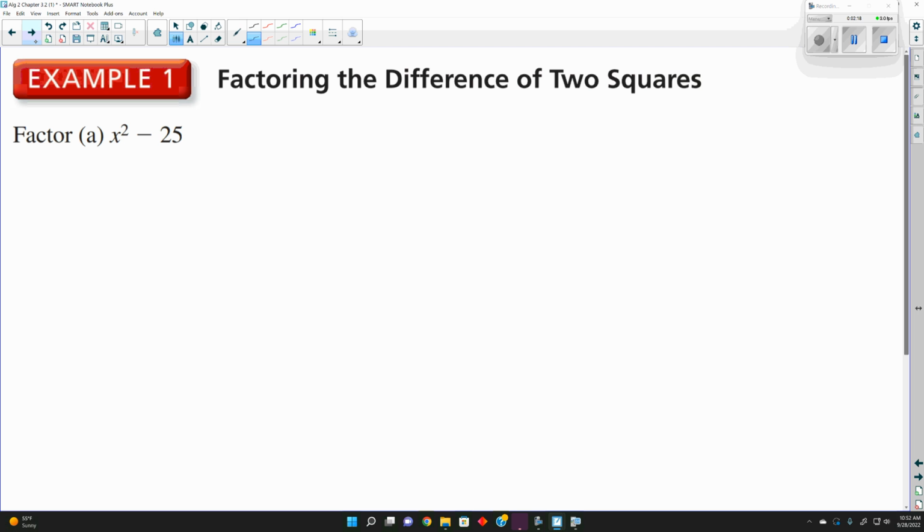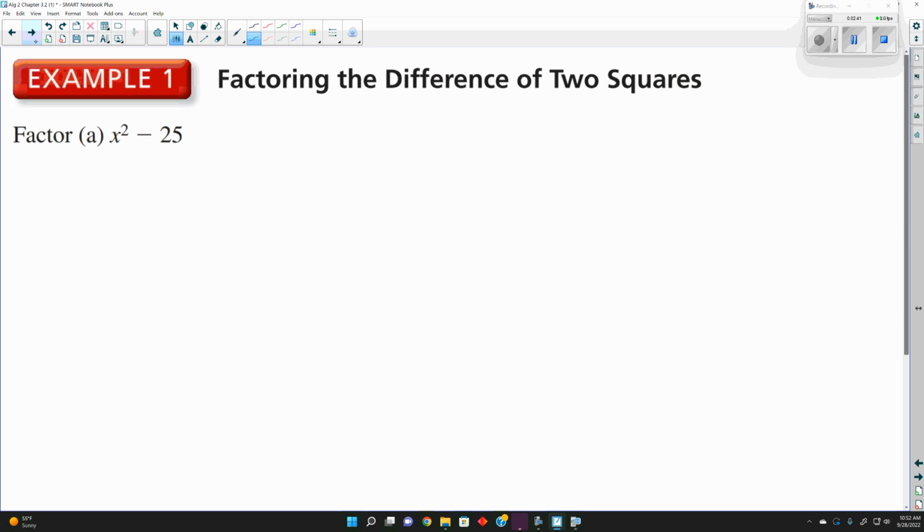Let's look at an example where they don't have it completely written out for us. So if we look at this one here, x squared minus 25. Is x squared a perfect square? Well, yes, it's x times x. Is 25 a perfect square? Is there something that multiplied by itself gives us 25? 5 and 5, yes? So this here is a difference of perfect squares.